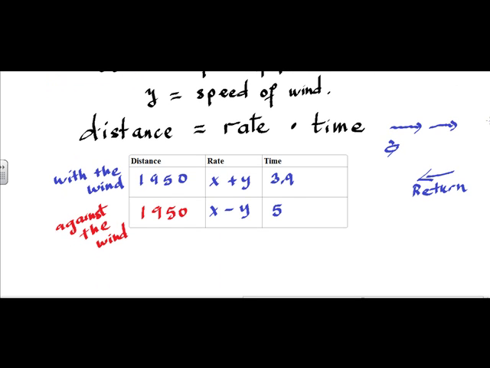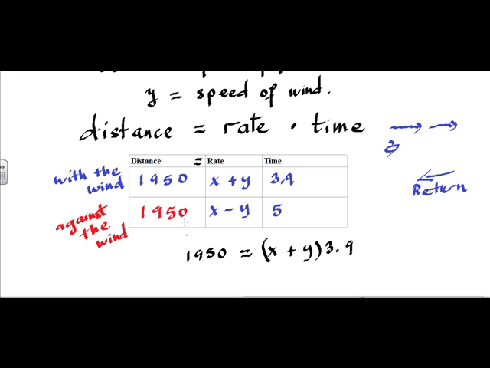So now we know that distance is equal to rate times time. Based on what we have, the first equation, which is with the wind, we have 1950 equal to the rate, x plus y, times 3.9.